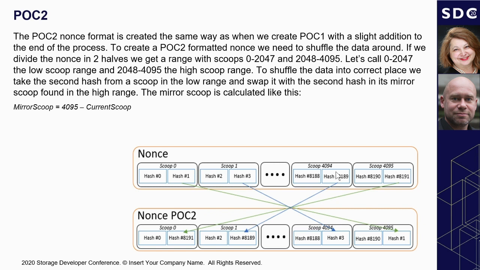If you look at it, this is your nonce and the mirror of that nonce in 4094. And then you have a nonce scoop 1, and sorry, the scoop 0 will be nonce 4094, scoop 1 will be 4095, etc. So even if you shuffle data, you still will have a correct second hash on every data.